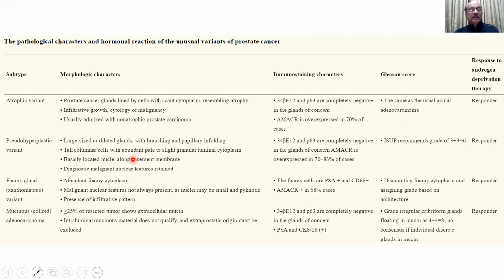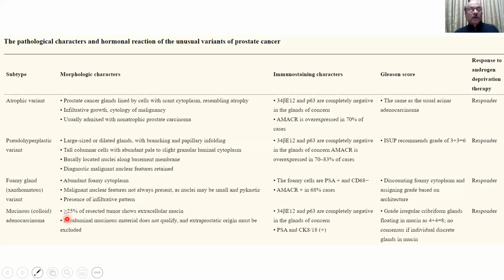Pseudo-hyperplastic, here are the characteristics as we just told. And the pseudo-hyperplastic variants are usually 3+3. They are also responders. Foamy gland, here also their Gleason score is based on the architecture. They are also androgen responders.